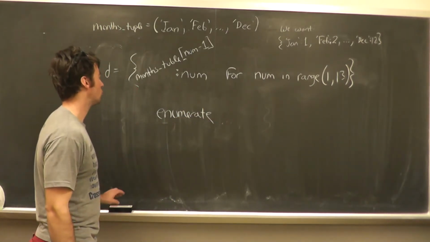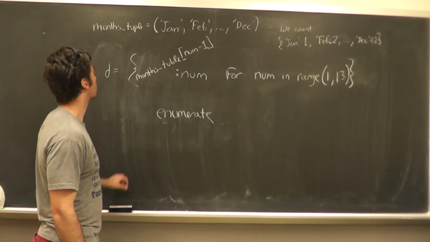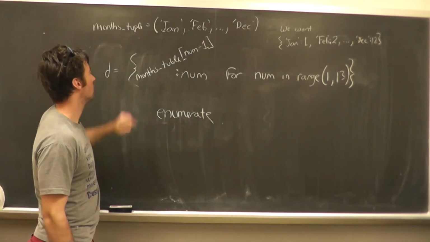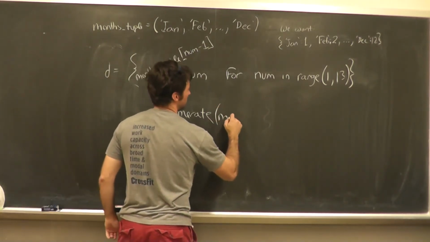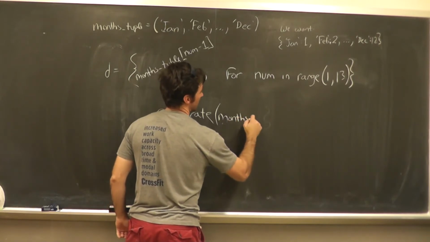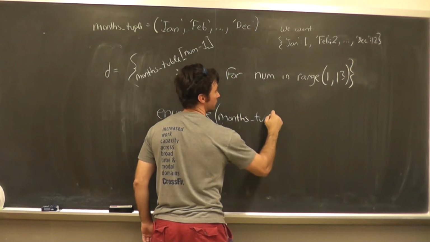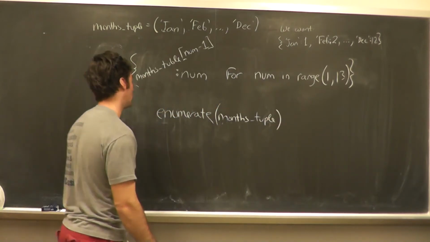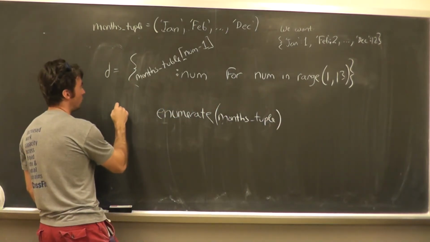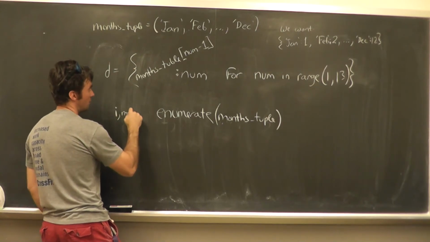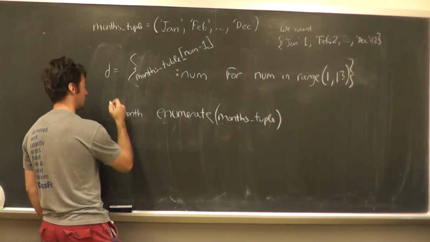And this is really useful so that you can provide months tuple into enumerate. And we'll learn about iterators soon. That's when you'll see it, is when you get to iterators. You provide months tuple as the argument, and you can get not only the month, but you can get the number out of it.